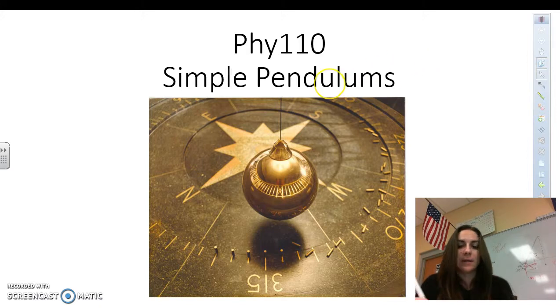So on this slide that I have right here, it's called a Foucault pendulum. I'll show you a video at the end of our slides, but this is a pretty cool pendulum. It's a very, very long string right here. Well, usually it's a cable.